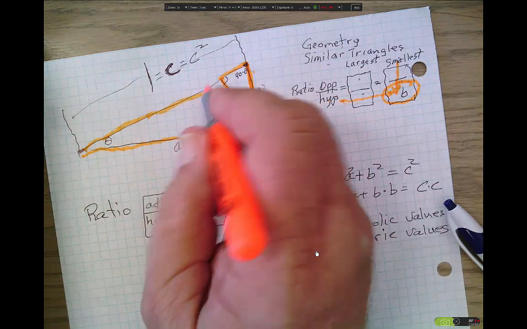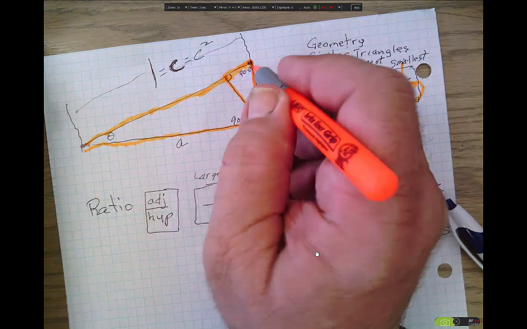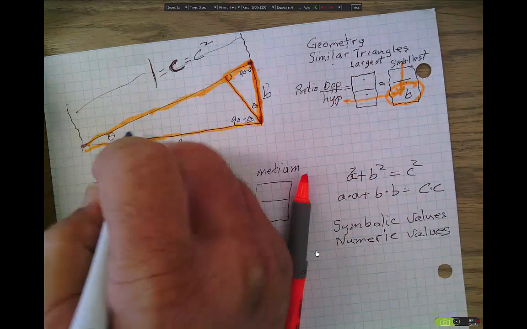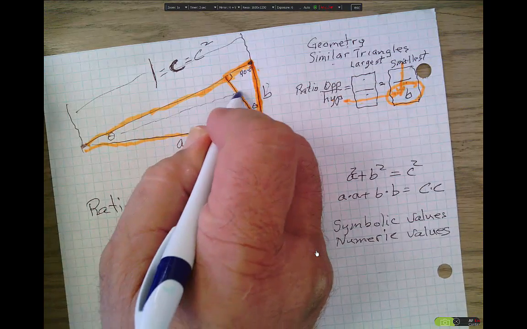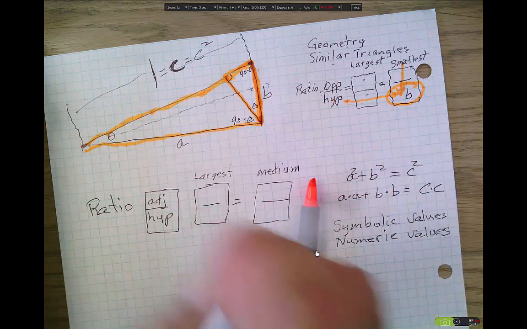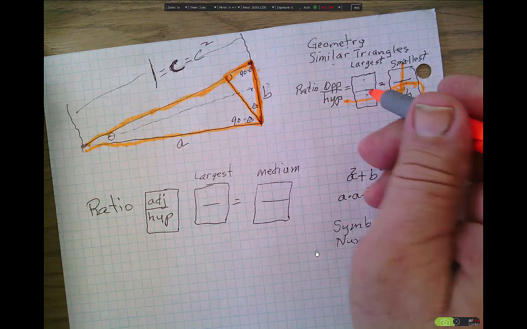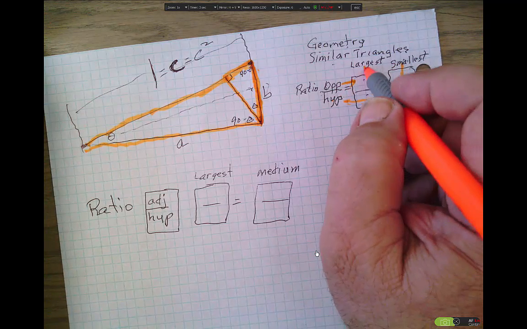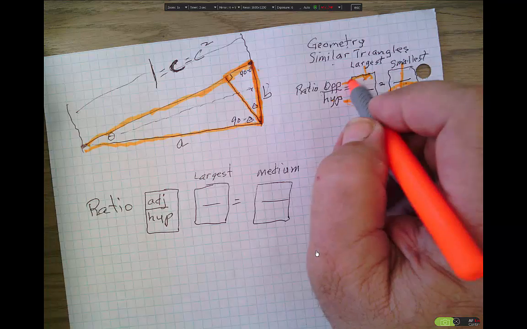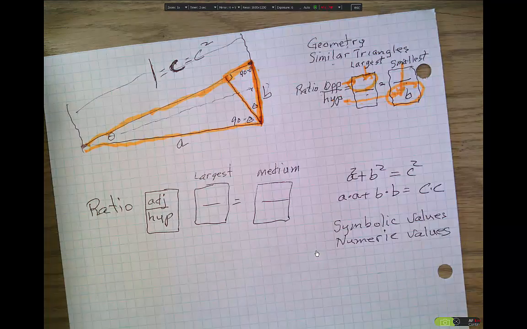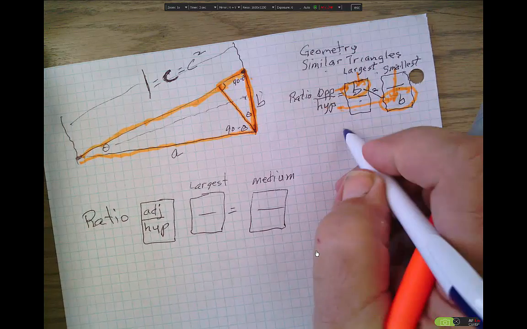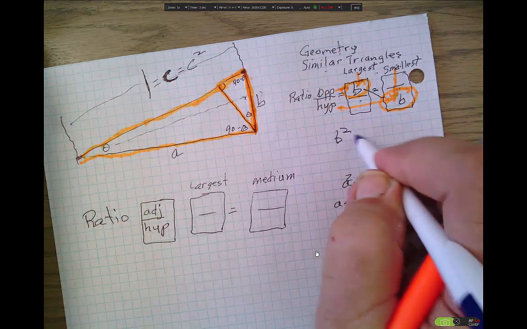for this biggest triangle, the opposite side of the biggest triangle. So let's see what that would look like in this framework here. The opposite side of the largest triangle goes here, and it's also B. So when we cross multiply, we get a B squared term.